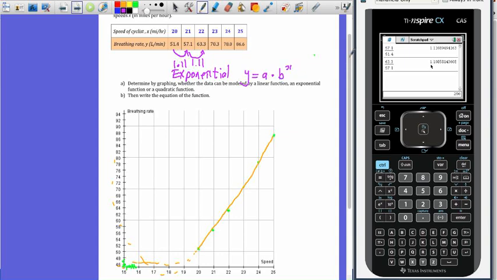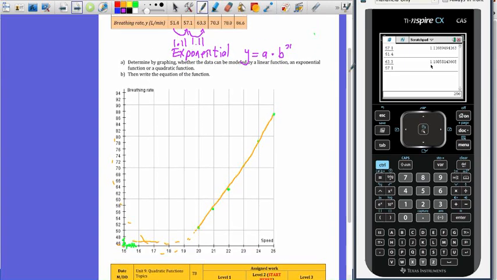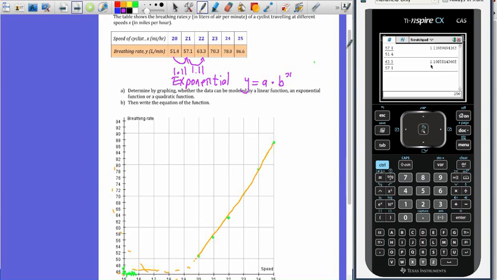In the previous note, the instruction was to use the value that x is equal to 0 in order to find the a value. In this case, we cannot do that because we don't have a table of values with 0 in it, and we do not have an equation. What we can do, though, is use the same approach as we used with a quadratic: select any point, substitute it in, find the corresponding values.